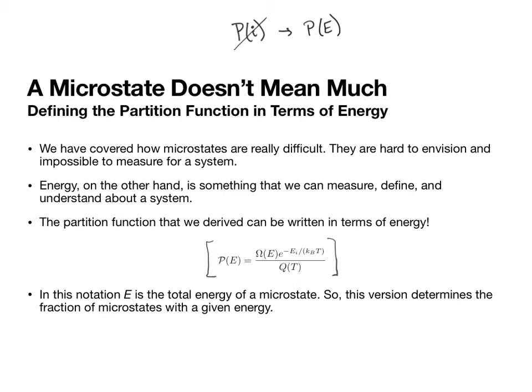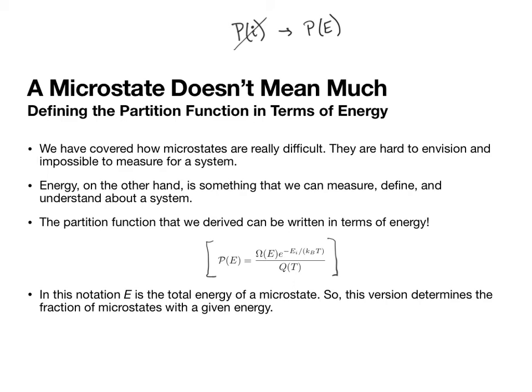Now, note that this is the total energy of a microstate, of a system. It's not the fraction of microstates with a... So it's not one molecule with a particular energy distribution, or considering a set of molecules with a particular energy distribution.